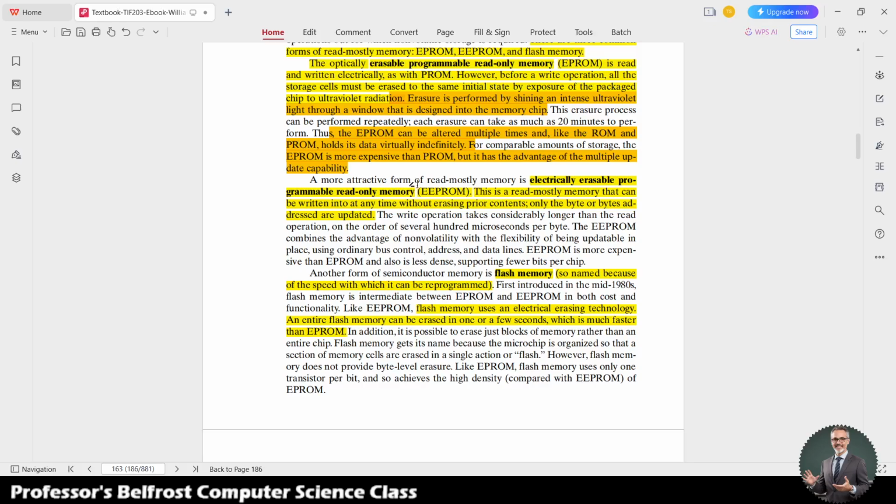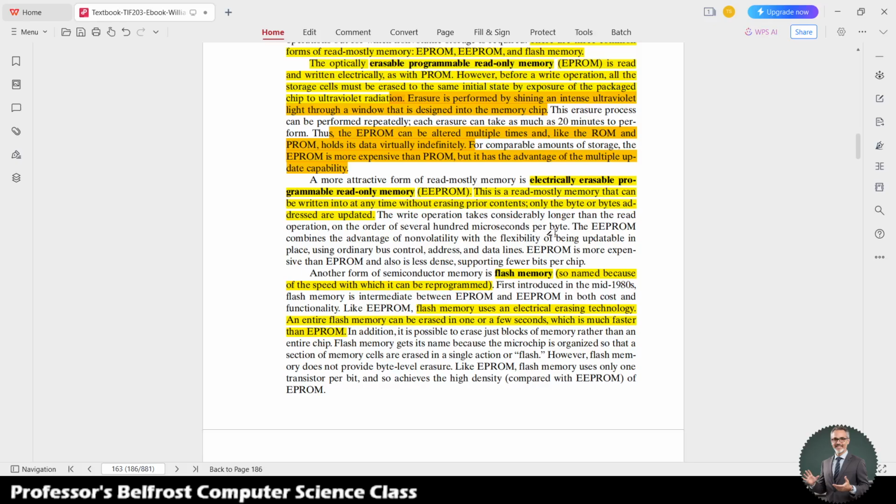A more attractive form of read-mostly memory is electrically erasable programmable read-only memory, which is EEPROM. This is read-mostly memory that can be written to at any time without erasing the prior contents, and only the byte or bytes addressed are updated. The write operation takes considerably longer than the read operation, on the order of several hundred microseconds per byte.